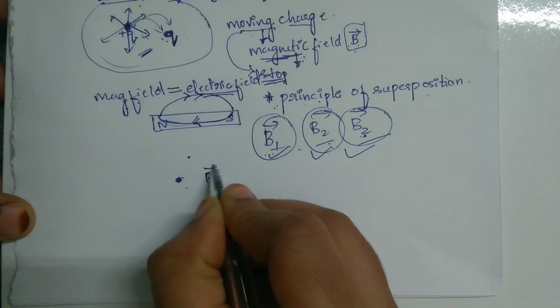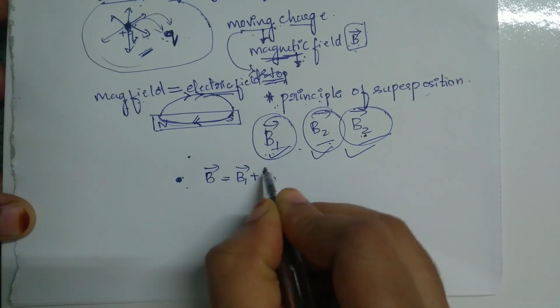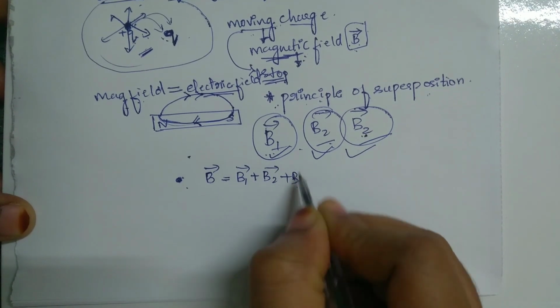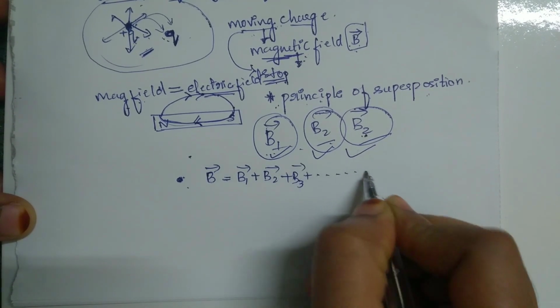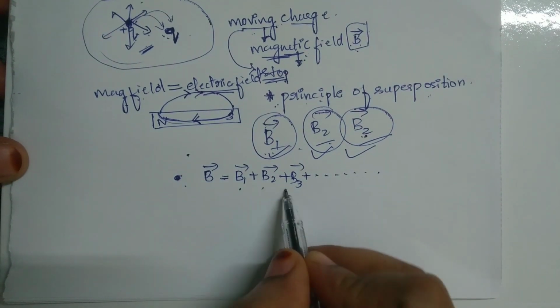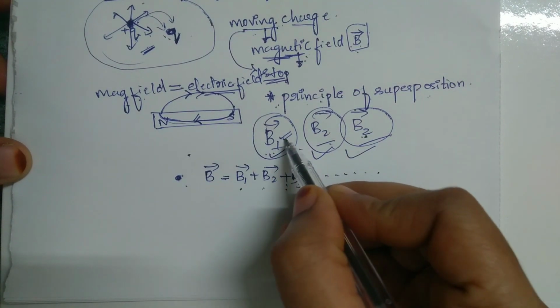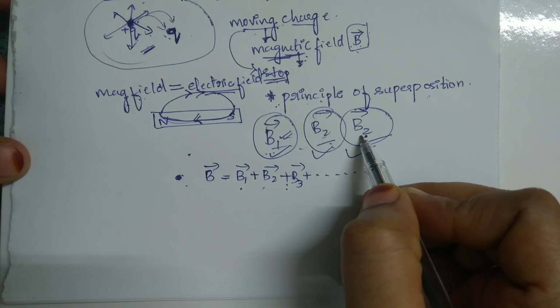Mathematically we can write it as vector B equals B1 plus B2 plus B3 plus so on. So this is the principle of superposition, where B1, B2 and B3 are the magnetic fields at a point due to each individual source. Okay, hope you have understood this.